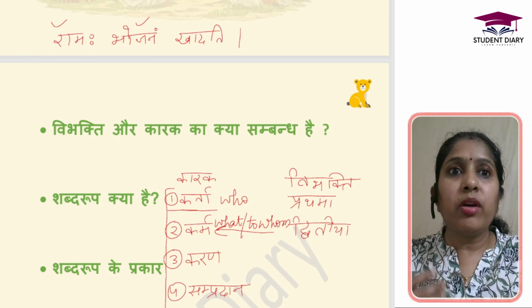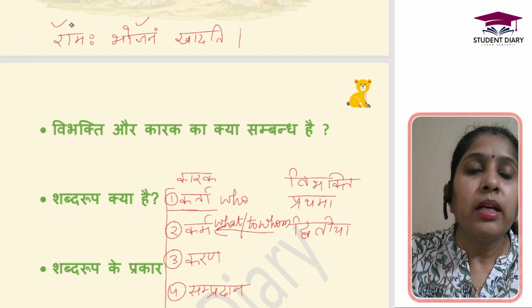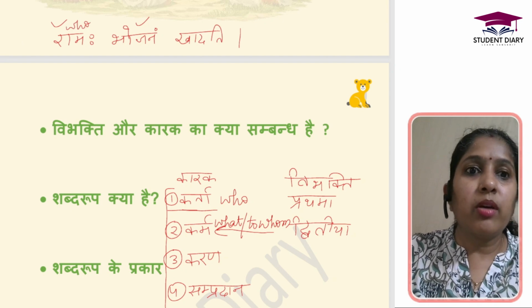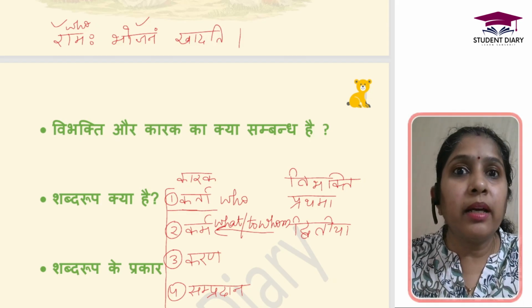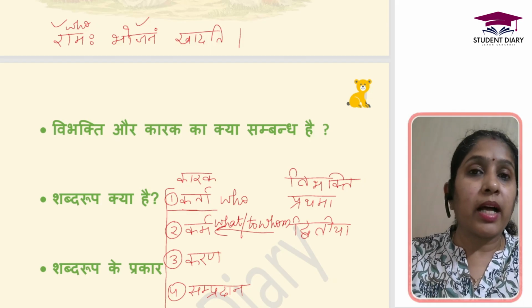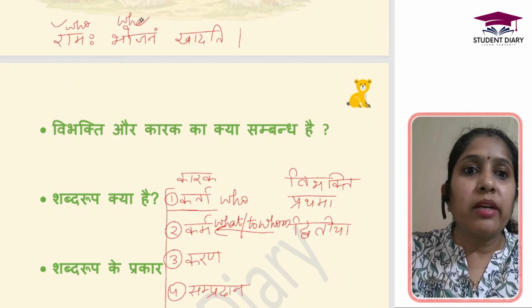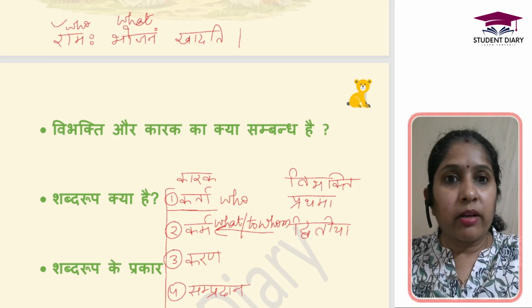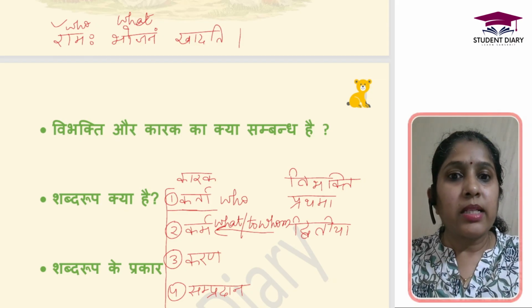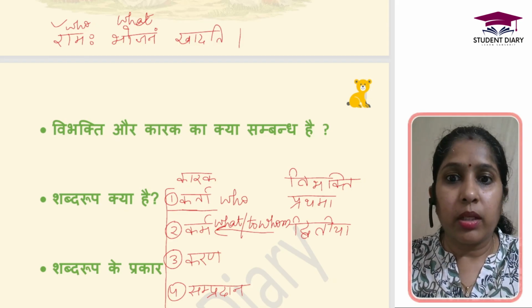Ramaha gives you the answer for who is eating, so Ramaha is in the prathama vibhakti. Now the second question is what he is eating. For eating we get the answer for what as food, so Bhojanam gives you the answer for what for the verb. Whenever from any word you get an answer for what or to whom, we use dvitiya vibhakti.